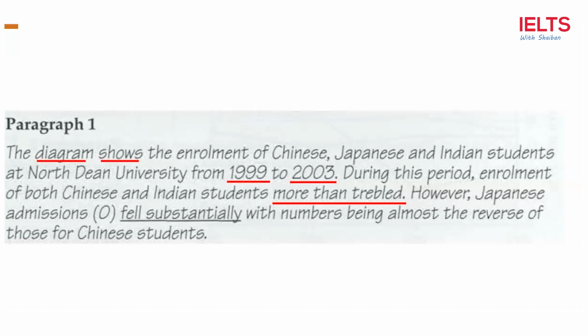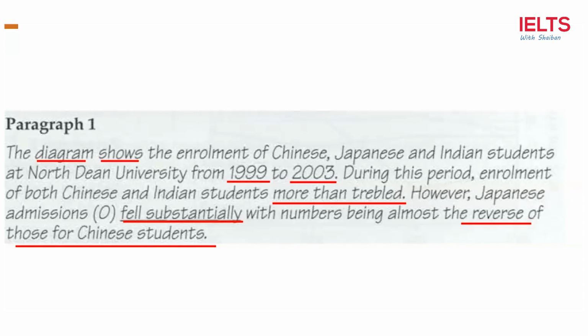However, Japanese admissions fell substantially. So he said substantially, that means he's showing us the big change that happened to Japanese students. Then he gave us a figure with numbers being almost the reverse of those of Chinese students. So numbers almost the opposite of those of Chinese students.